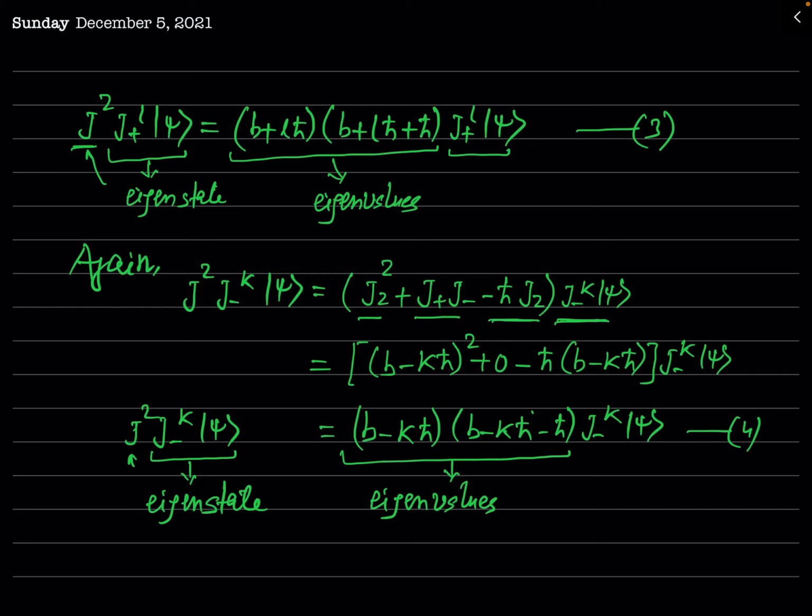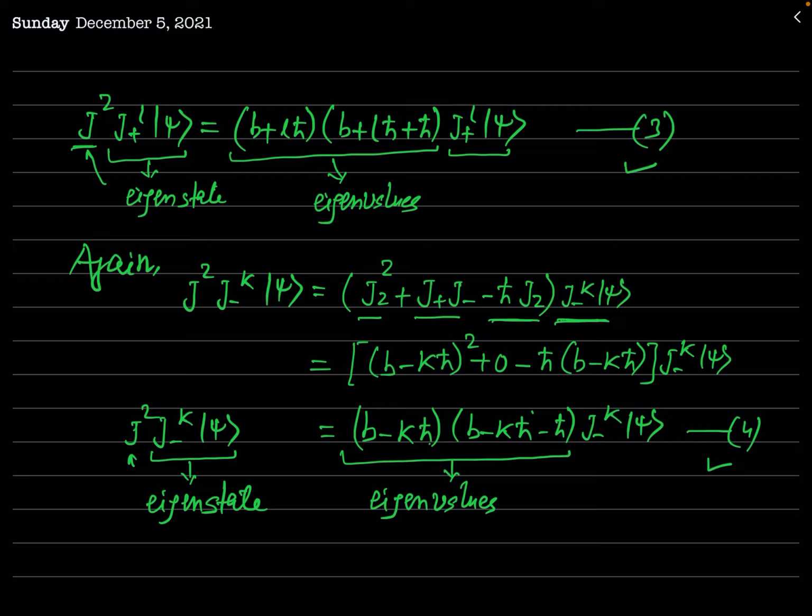So you can see that we have obtained the eigenvalues of the operator J square in equation 3 and in equation 4 too. In equation 3, the eigenvalue of operator J square is (b + lħ) times (b + lħ + ħ), but in equation 4, the eigenvalue of J square is (b − kħ) times (b − kħ − ħ).